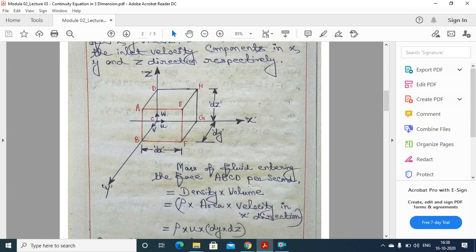Density is here rho, the density of the liquid, and volume is area into length.